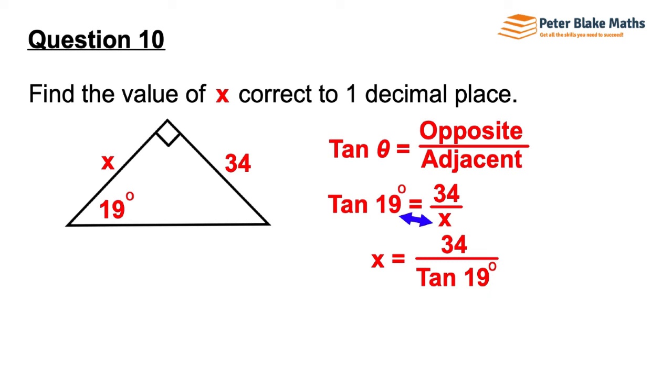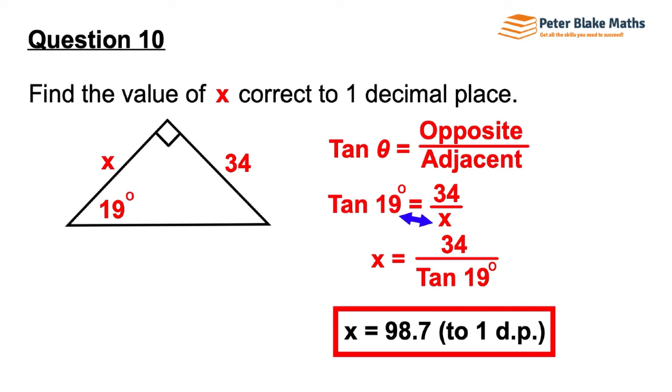Then that can be put straight into our calculator and we get an x value of 98.7. We've rounded that off to one decimal place because that's what the question asks for. So we need to know our sine, cos and tan type things. We need to know which sides are involved, and we set it up that way. Gotta be a bit careful, extra careful when the letter's on the bottom though.